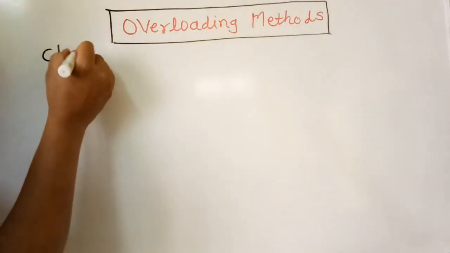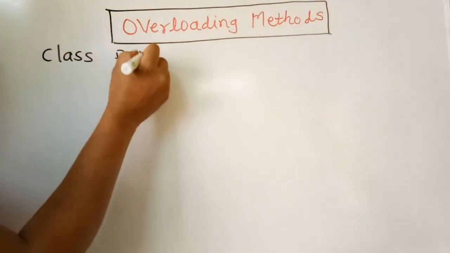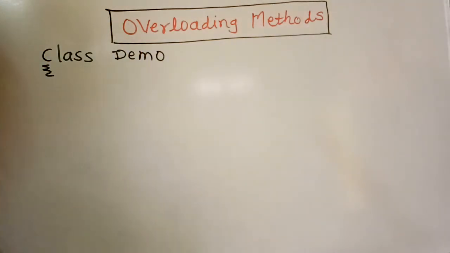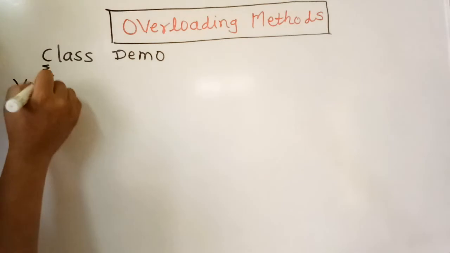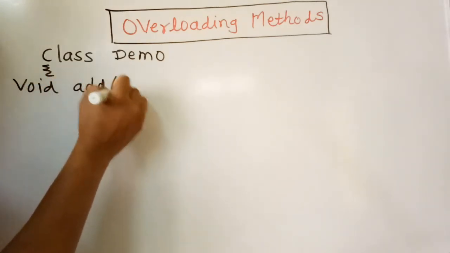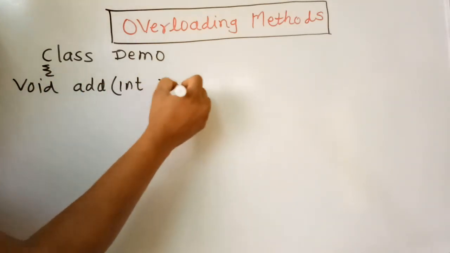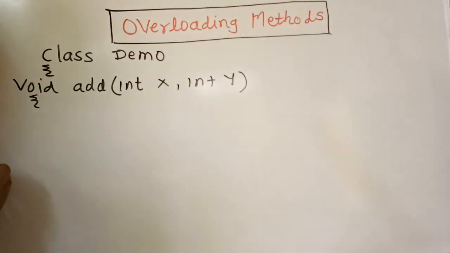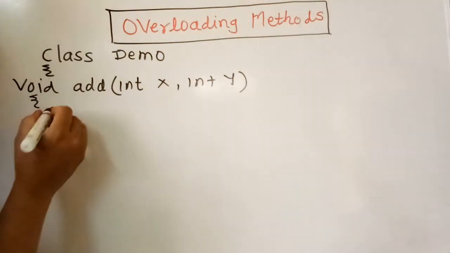For that, you will create one class. I am taking it as Demo. Then you have to create methods. For example, void add, with integer x, integer y. Then you only have to print the addition.